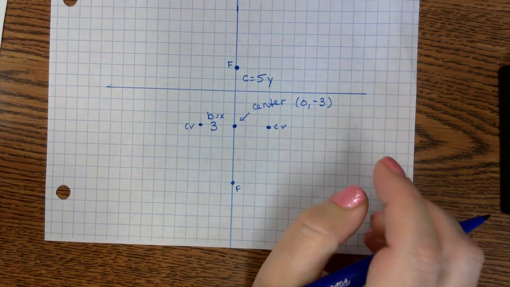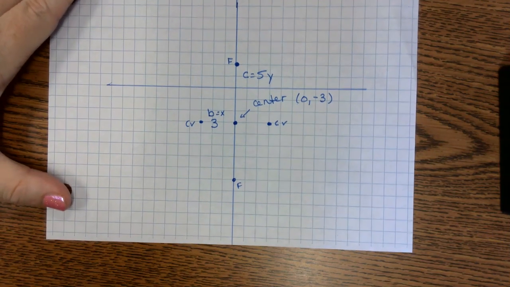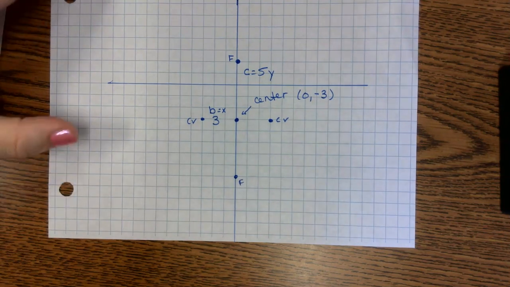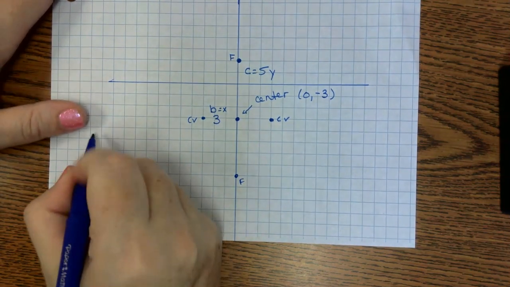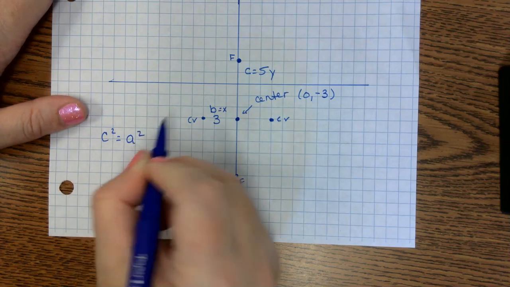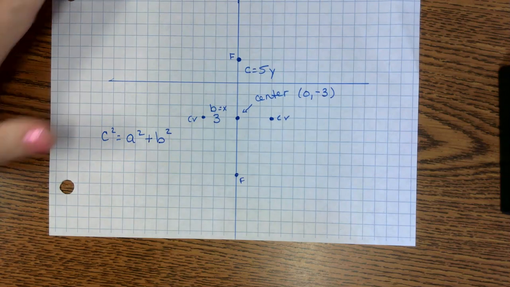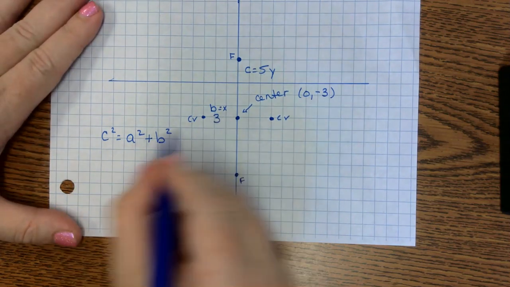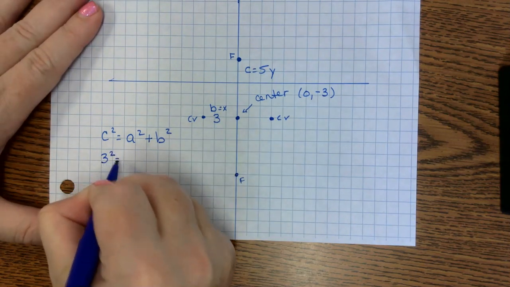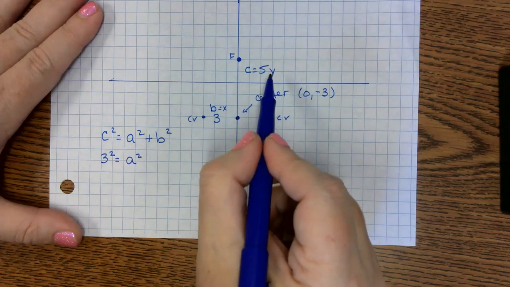So we need to now go find our a value, because we need a to put everything together. Remember, this is c squared equals a squared plus b squared, because it's a hyperbola. So c is 3 squared equals, we don't know a squared. Oh shoot, I made a boo-boo.